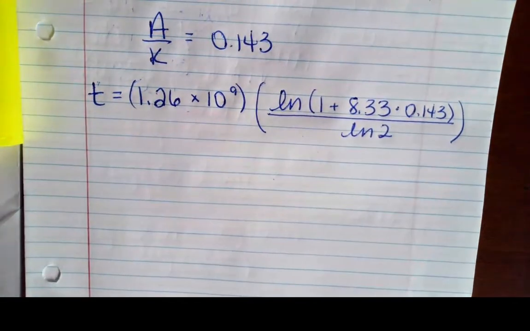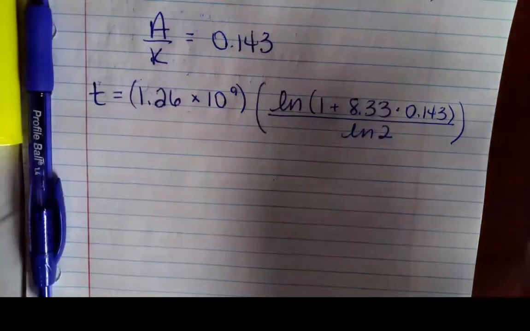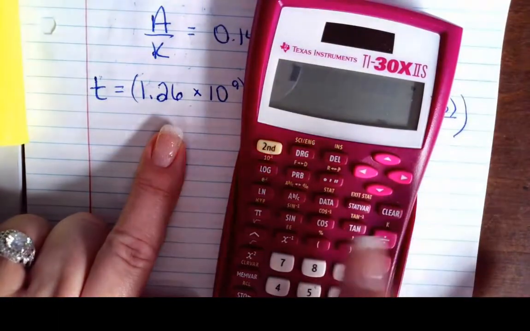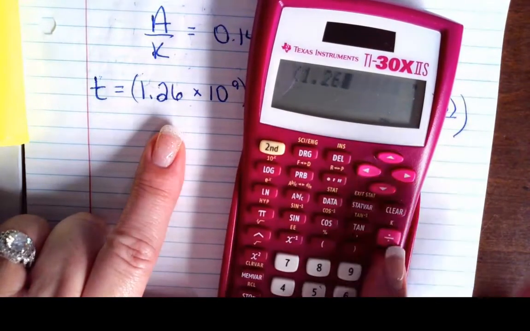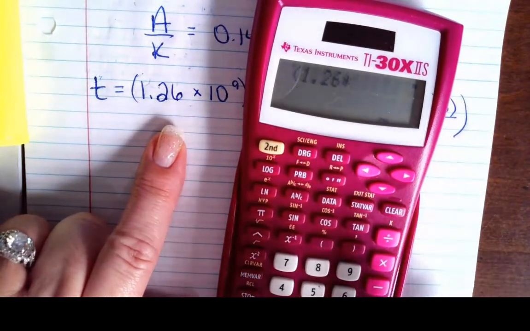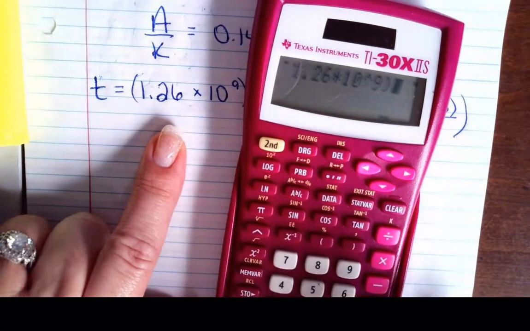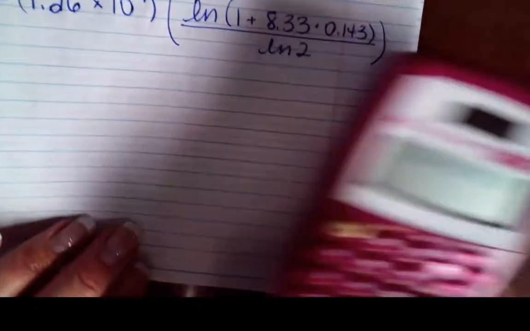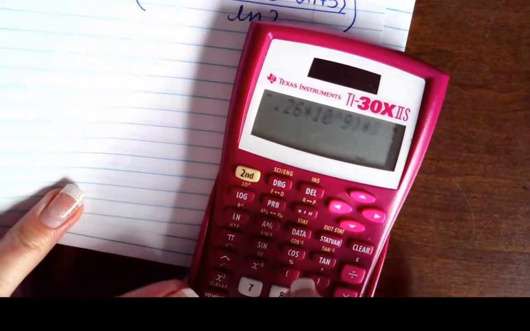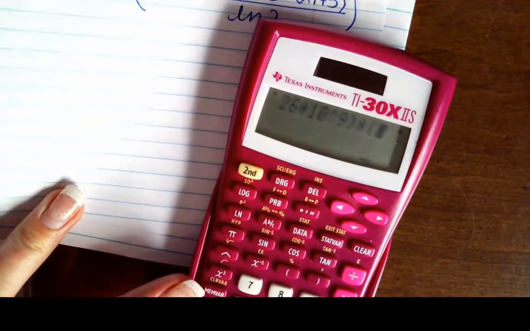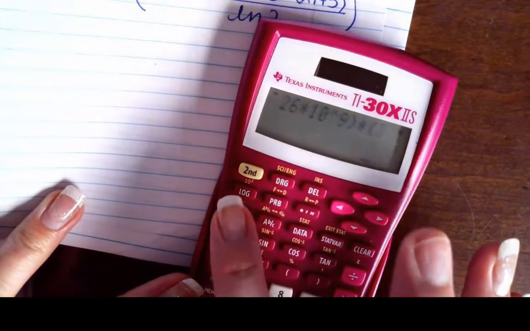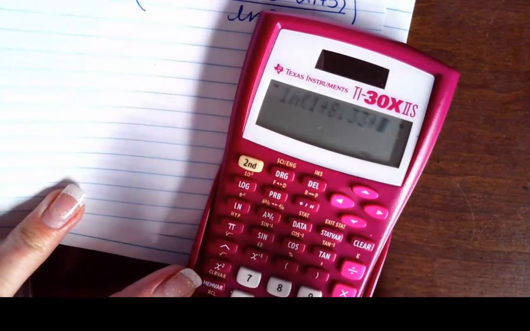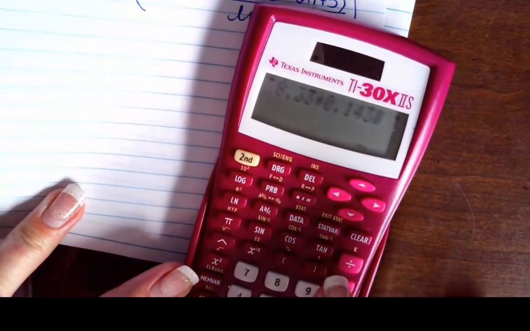Okay? So all we have to do is throw that thing in our calculator. I'm going to use parentheses just to keep things clear. So I've got 1.26 times 10 raised to the 9th power, and then I'm going to take that times this numerator: parentheses again for the numerator, the natural log of 1 plus 8.33 times 0.143.